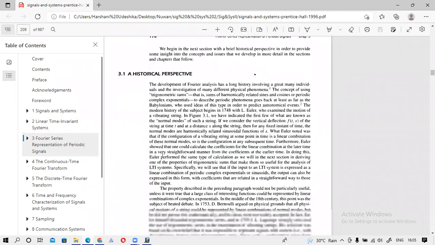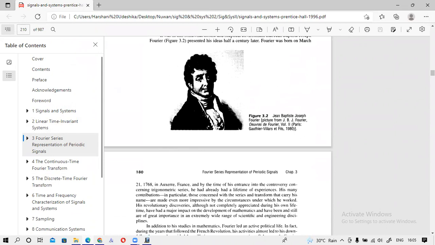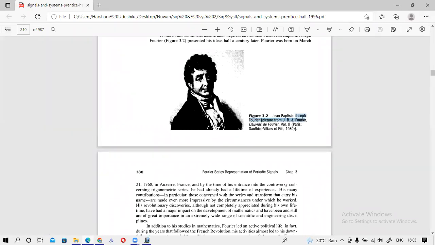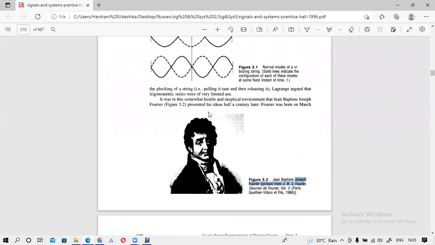I think this guy is Joseph Fourier, no? Jean Baptiste, I can't read his name. So it is Fourier, no? This scientist first gave the idea about Fourier analysis.